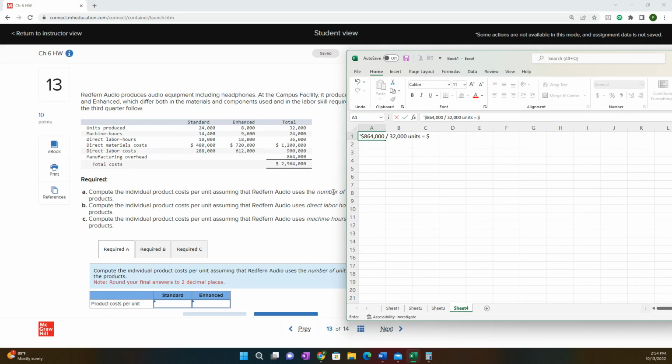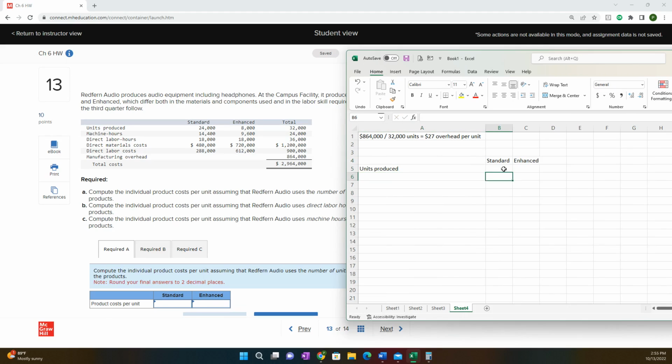So now that we have that, we can calculate our totals and then divide by the number of units to get to unit cost. So we have a standard headphone and an enhanced headphone. Units produced was 24,000 for the standard and 8,000 for the enhanced. Our direct materials was 480 for the standard, 720 for enhanced. Direct labor is $288,000 for standard and $612,000 for enhanced.